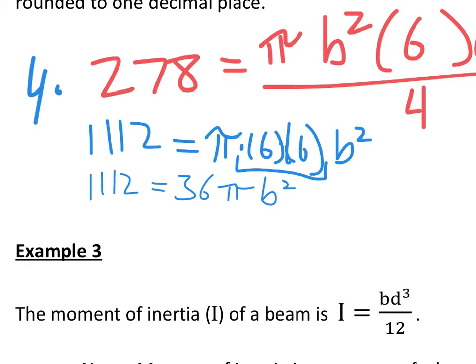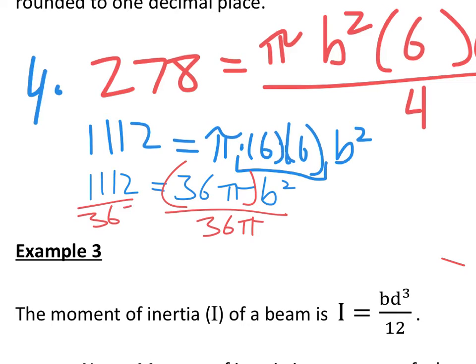It's best to leave that pi alone for now. What we want to do is get rid of that. We have 36 pi, which is a number. You can go to your calculator and get that decimal. Times B squared. Let's divide. What do we want to divide off? We want to divide the 36 and the pi.